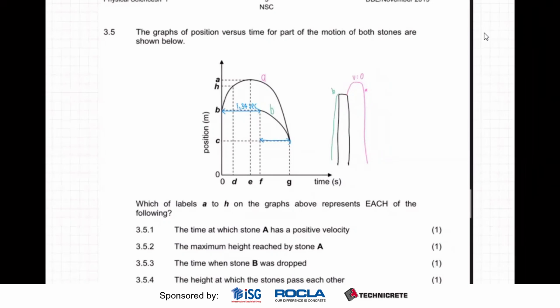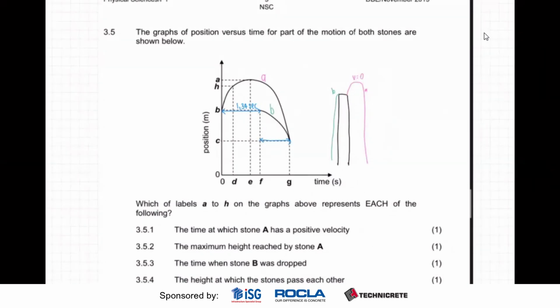The question says, which of labels A to H on the graphs above represents each of the following? So 3.5.1, they're asking which label on the graph represents the time at which stone A has a positive velocity. So when does stone A have a positive velocity?